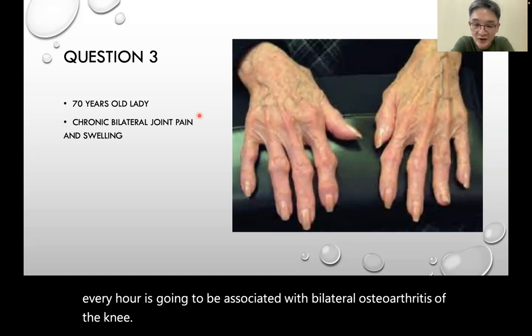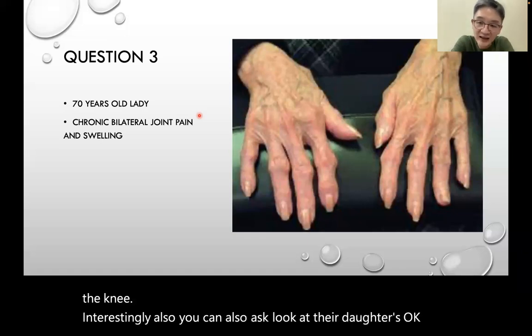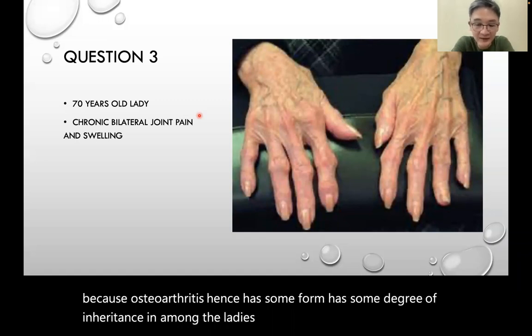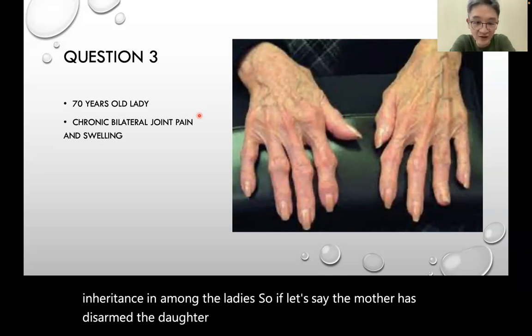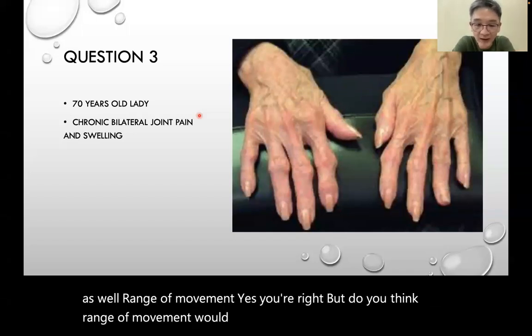Interestingly, you can also look at their daughters, because osteoarthritis of the hands has some degree of inheritance among the ladies. So if the mother has these OA hands, the daughter may have that kind of hands in the future as well. Range of movement, yes, you are right, but do you think range of movement will be affected in OA hands?